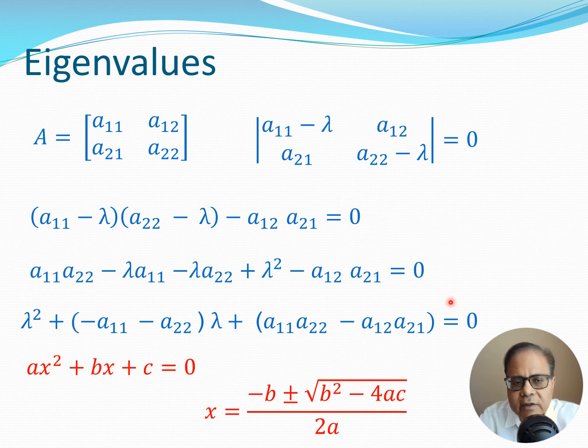I can expand this out here. So you see this will become A11 A22 minus A11 lambda minus lambda A22 plus lambda square minus A12 A21 equal to 0. And I collect all the terms here. So lambda square is simply present here. The coefficients of lambda are these, negative A11 and negative A22.